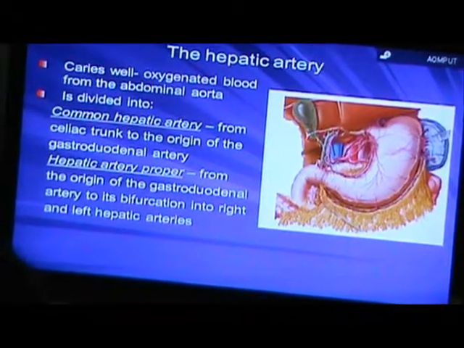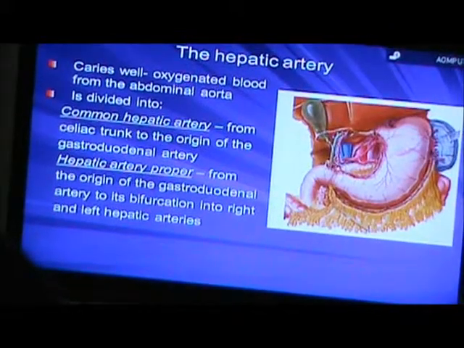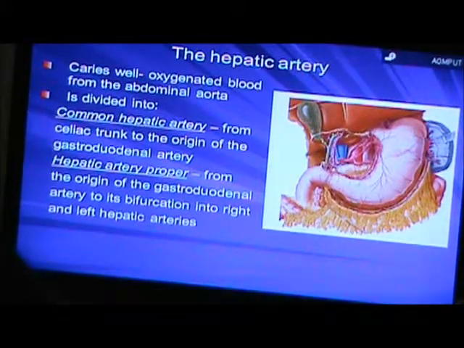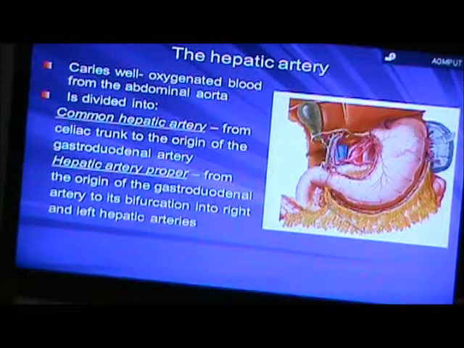But in some books you can find that the hepatic artery proper is divided not into the right and left hepatic arteries, but into right and left branches of the hepatic artery proper. So right and left.